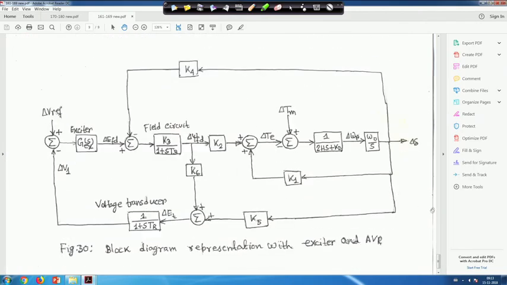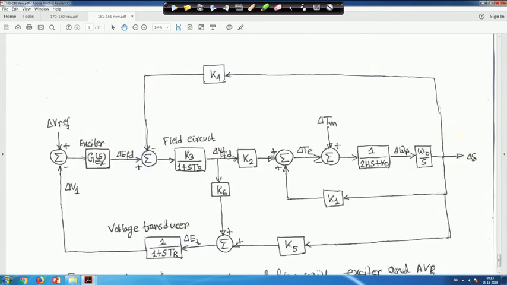This is figure 30. So, here, if we set delta V reference equal to 0, and if we neglect T R, then what will happen is that the input here is k 6 delta psi f d and k 5 delta delta.